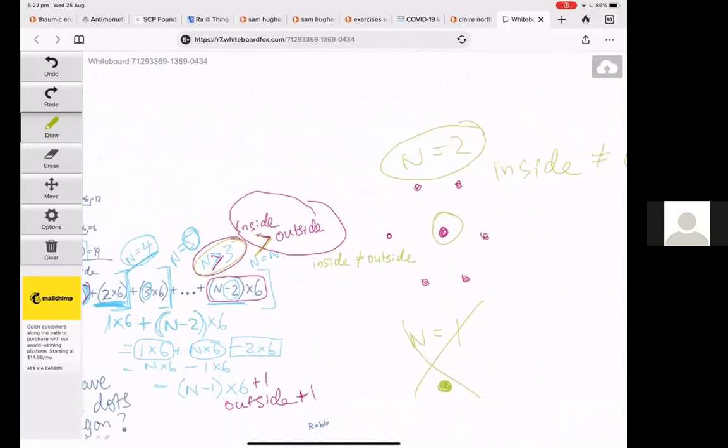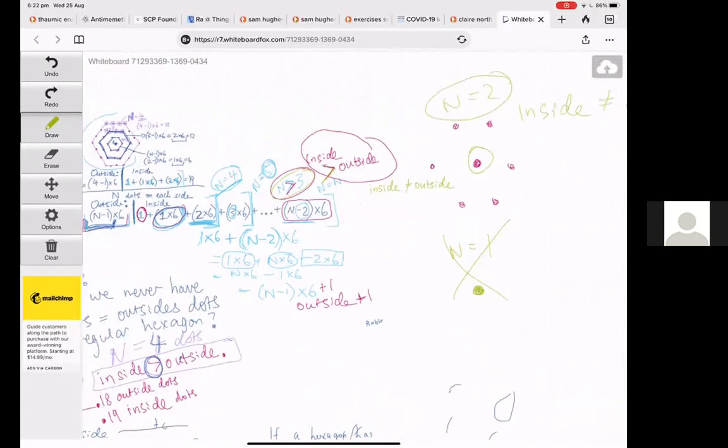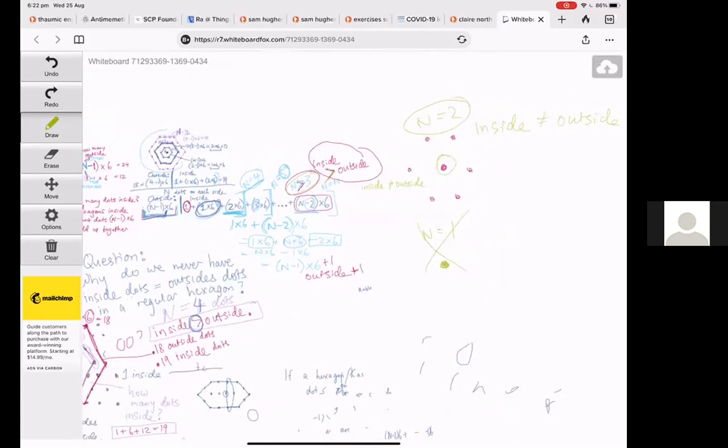So can you see that people had a simple idea, and if you can write it out precisely, it actually turns into a good explanation. So we basically checked all the possible types of regular hexagons, because it's not enough to just show it for one type of regular hexagon.